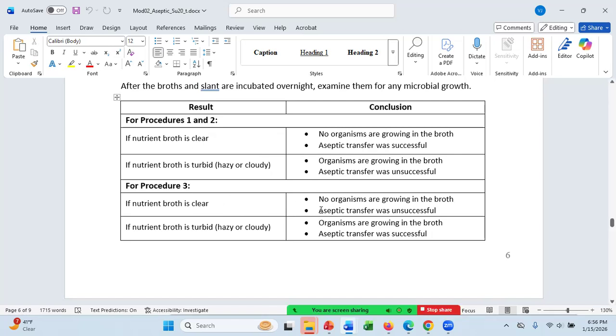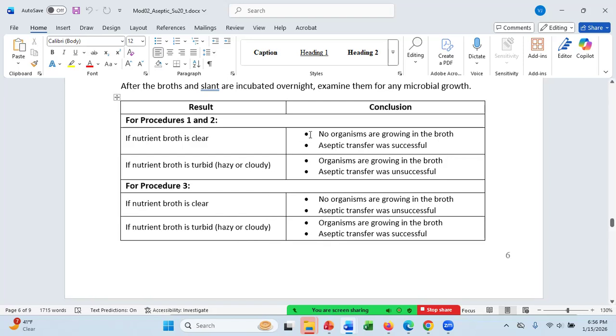In procedure 3, you're putting one specific bacteria into the tube. So we expect that one specific bacteria to grow, and then the broth should be turbid, hazy or cloudy, and organisms should be growing in the broth because you inoculated the tube. In procedures 1 and 2, you put sterile water in tube 1, and then in tube 2, you put a sterile paper disc in.